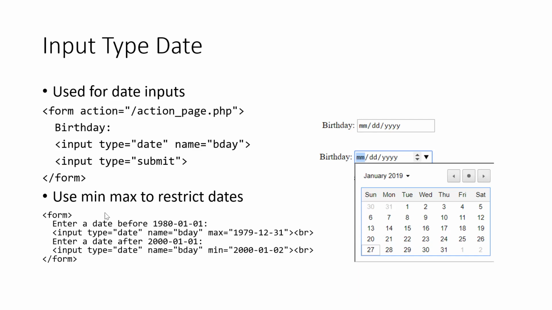But let's say we want some particular range of values, then you can use it like this. And you can specify max and min values, right? Those are some of the things you might consider when you're inputting a date here.